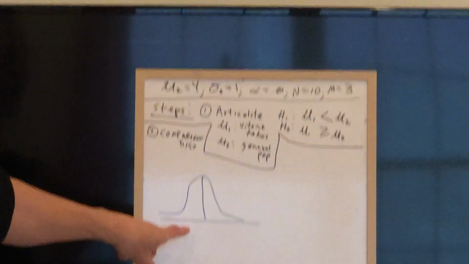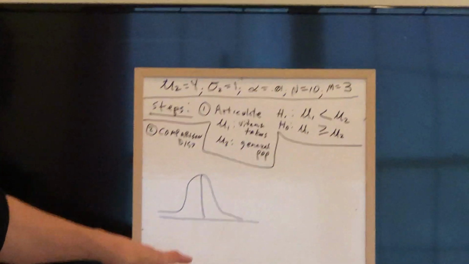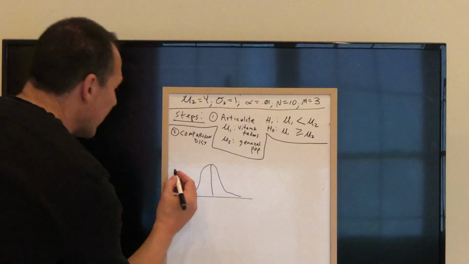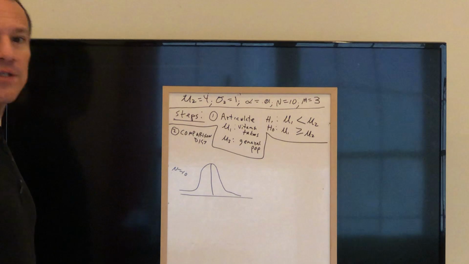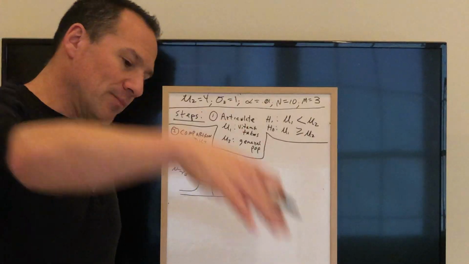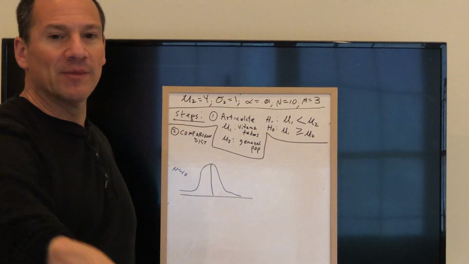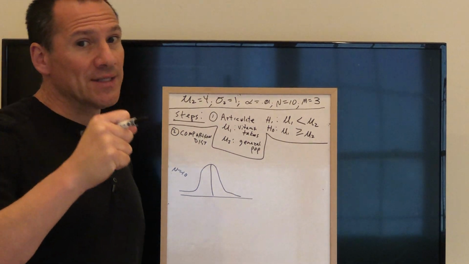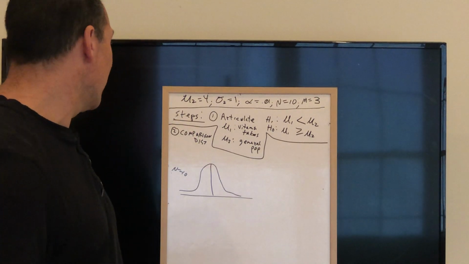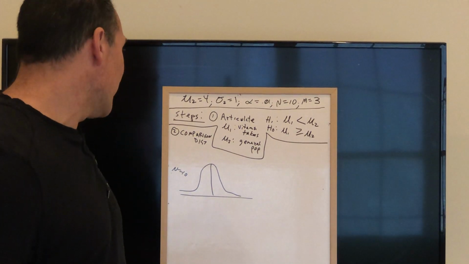Okay, I'm drawing it down here. Comparison distribution is a distribution of means based on an N of 10. So it's as if the stats-friendly giant went into the population of employees, randomly took 10 of them, asked them how many sick days they took, put them back, and did that infinitely.